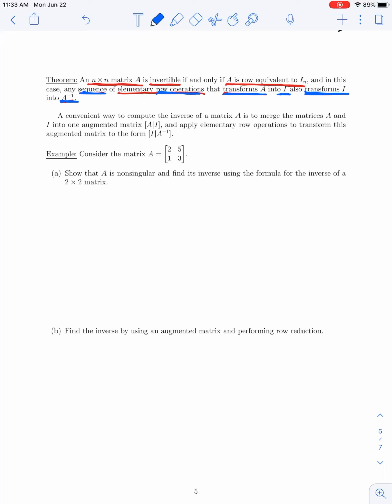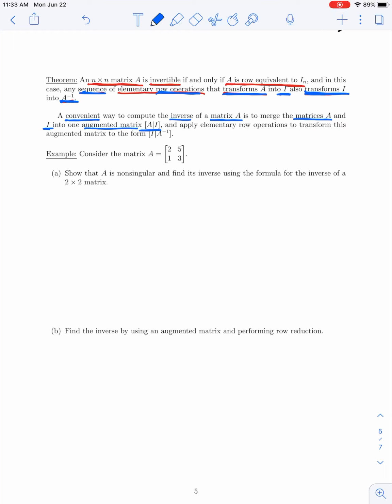So using that information, we can state the following. A convenient way to compute the inverse of some matrix A is to merge the matrices A and the identity matrix into a single augmented matrix, of the form A I, where the matrix that we're given, A, and the identity matrix we might separate by a vertical bar.